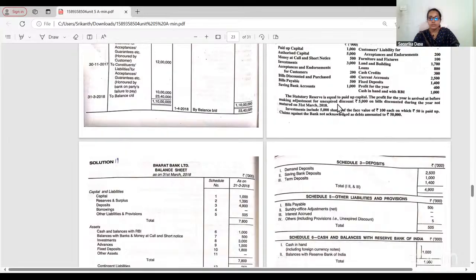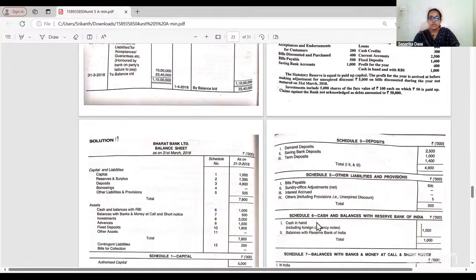We have only one provision, that is 5,000, but since 3 zeros are eliminated we will take only 5. Total of your liabilities is 7,800. We don't have any borrowings, so we will take it as nil.